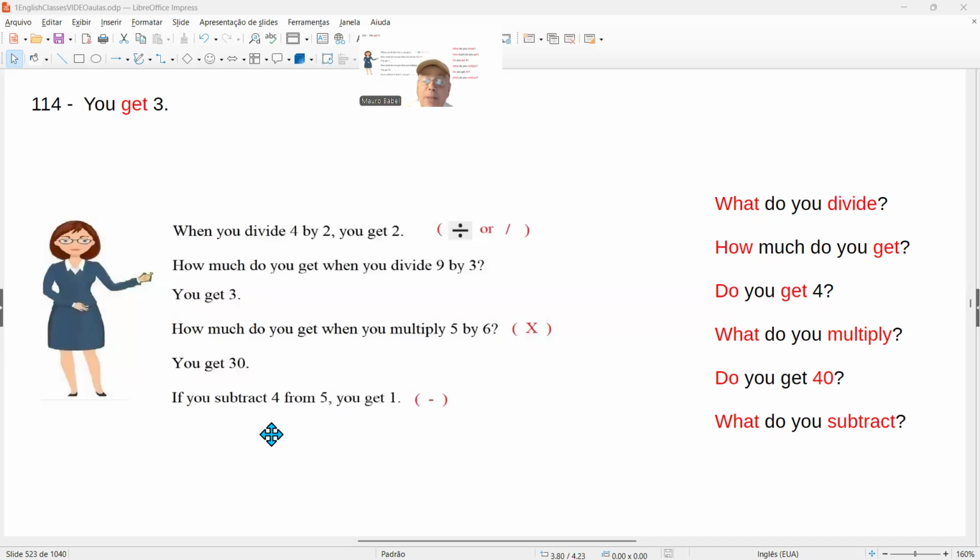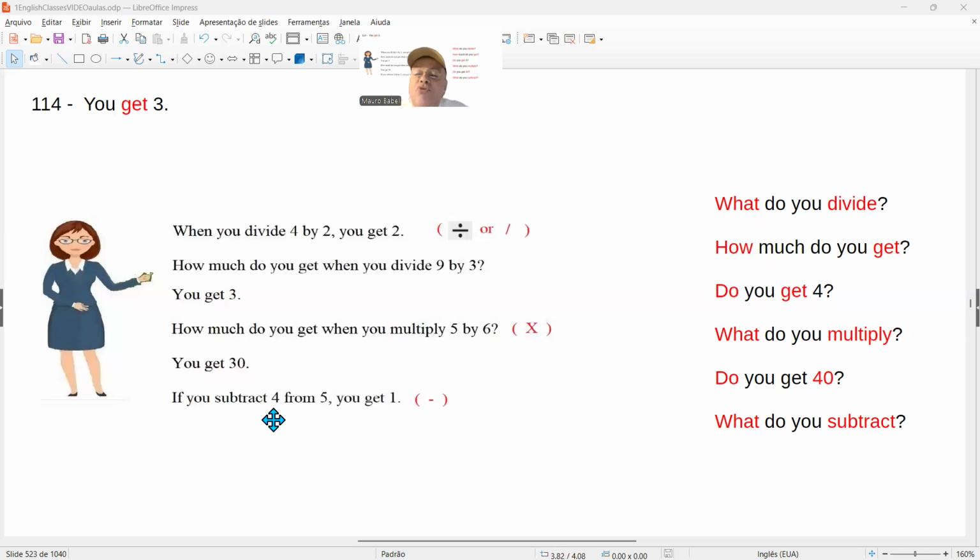When I subtract 1 from 5, how much do I get? Se eu subtraio 1 from 5, how much do I get? I get 4, right?